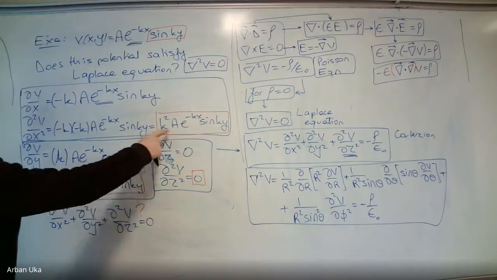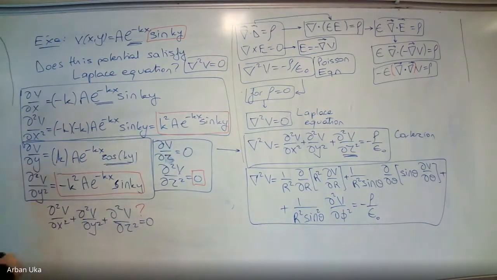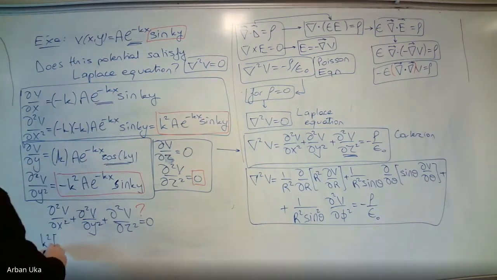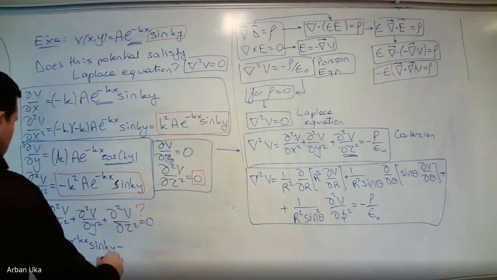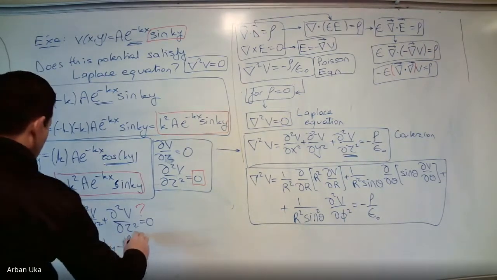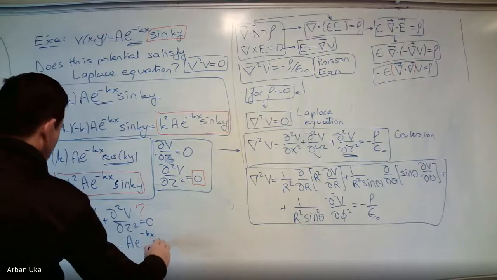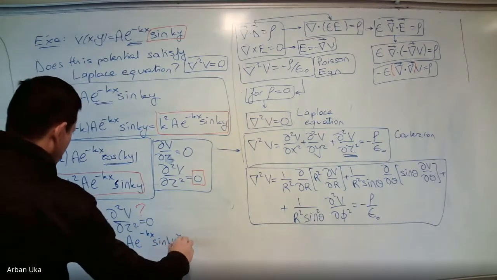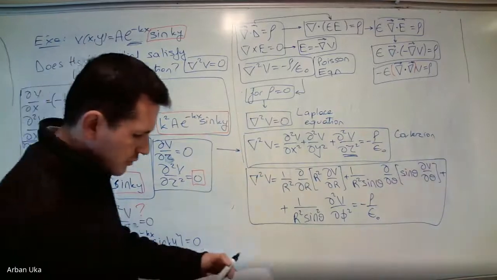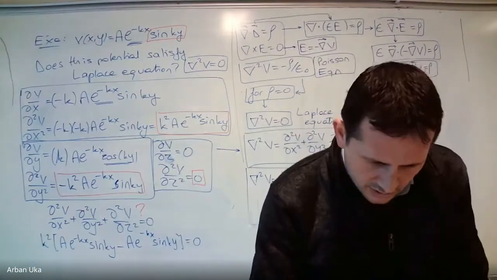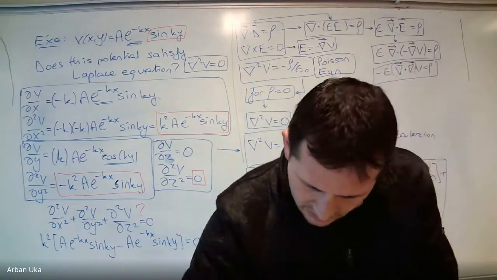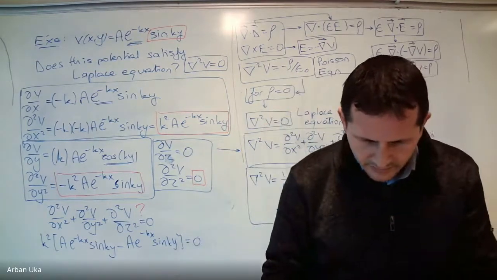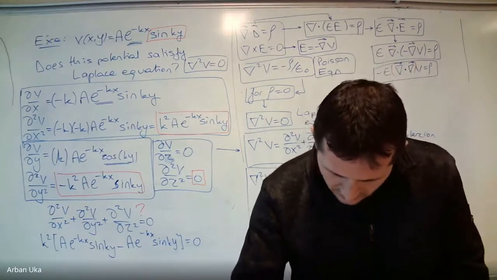And then we notice that if we add all of these, we are going to get 0, because we get k squared A e to the power minus kx sine ky minus k squared A e to the power minus kx sine ky, and this is equal to 0. So it looks like this specific potential satisfies the Laplacian equation.